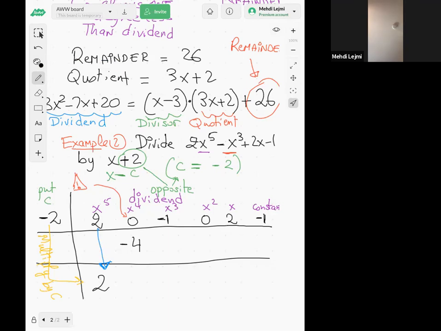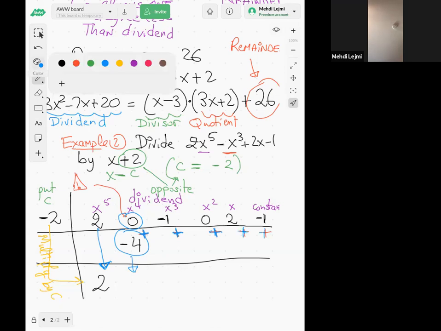And then in the columns, guys, we have to add. So here, we're gonna have a plus, plus, plus, plus, plus, right? So this 0 here plus this -4, that's -4. So in the last row, I'm gonna put the -4.